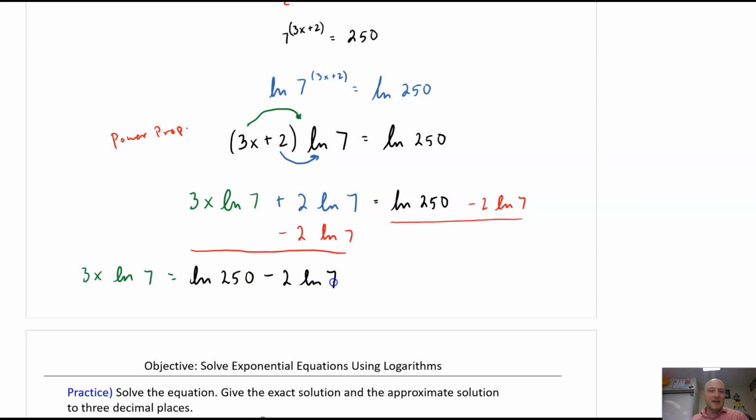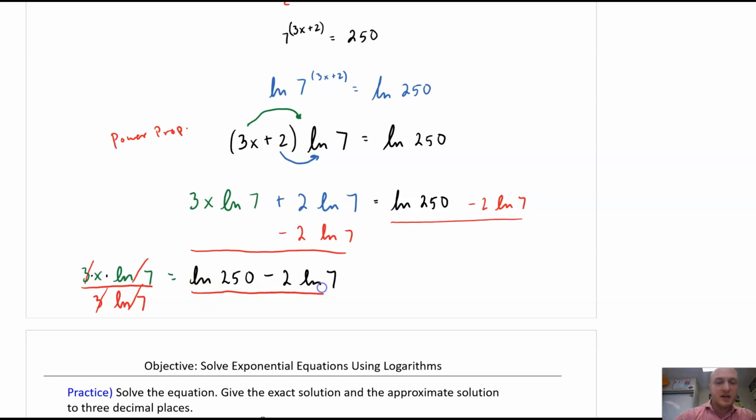And then to isolate the x, I'm going to ask you what operation's occurring here with the variable x. Well, they're both multiplying. So how do we undo multiplication? Division. So I will divide both sides by 3 and by the natural log of 7. Believe it or not, that will cancel with the 3 and then the natural log of 7, leaving just our x.